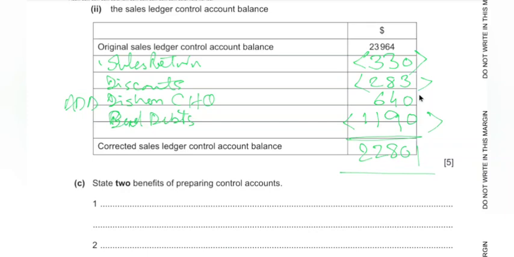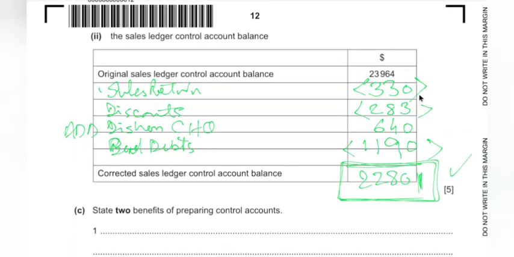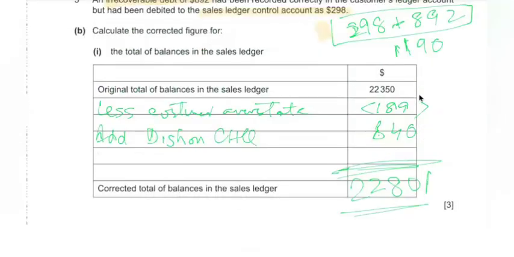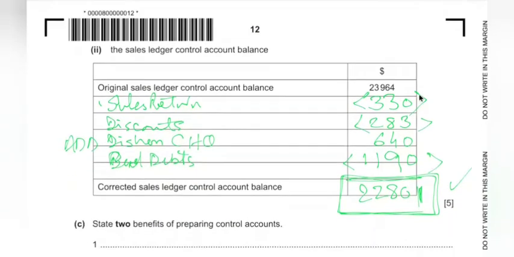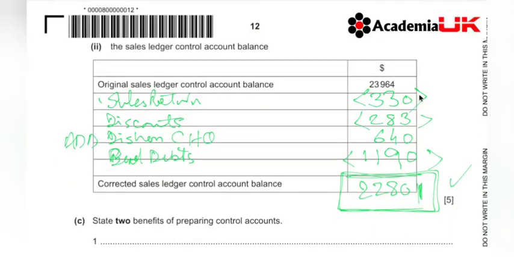So 23964 minus 330 minus 283 plus 640 minus 1190. Yes, we are getting 22801. So this confirms that we have done this correctly. So this was your part B of this question. You can have a look again, and this 22801, we have same balances.